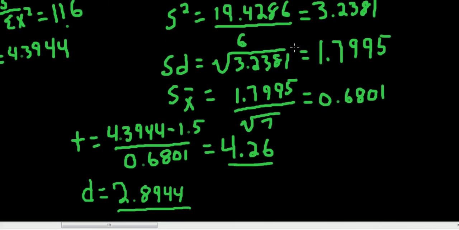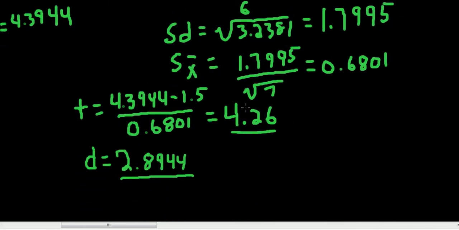We divide by the standard deviation, which is 1.7995. And we get a value of 1.61, a rather large value for Cohen's d effect size for this one sample t-test.